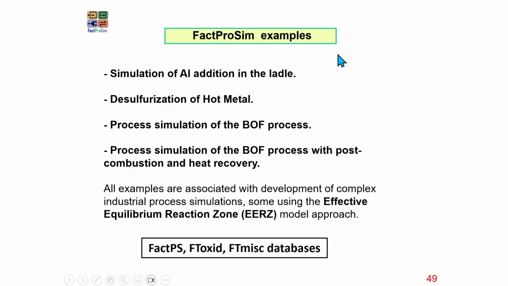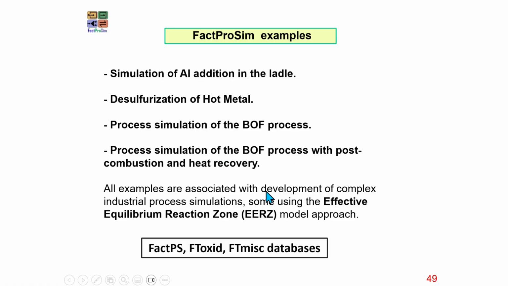Okay, so the thing is that with FactProSim, it's not really directed to copper, it's more directed to the iron and steel industry. And for example, the simulation of aluminum addition to a ladle or the desulfurization of a hot metal, we've already seen that somewhat with the macro processing. Simulation of BOF or BOF with combustion and heat recovery.